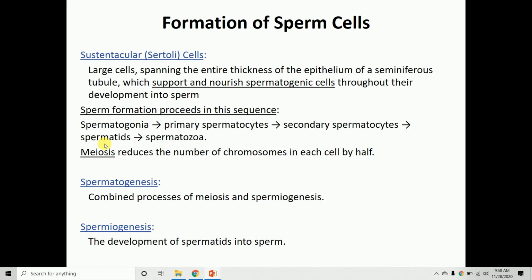It has to mature into a spermatozoa. That maturation process of a spermatid into a spermatozoa is known as spermiogenesis. So spermatogenesis is the meiotic division plus spermiogenesis, while spermiogenesis is the development or the maturation of the spermatid into a sperm.